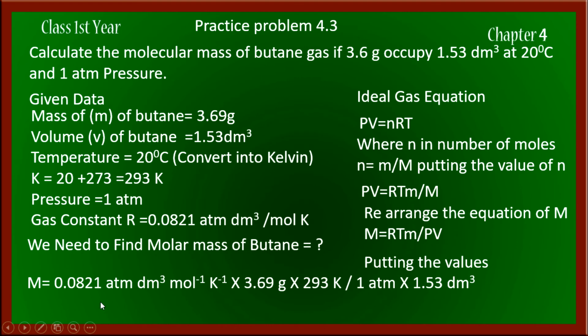And what will we be left with? This dm cube will also cancel out with this dm cube. After solving this equation, calculating, the answer comes out to be 58.01 gram per mole. And you can confirm your answer by simply calculating the molar mass of butane.